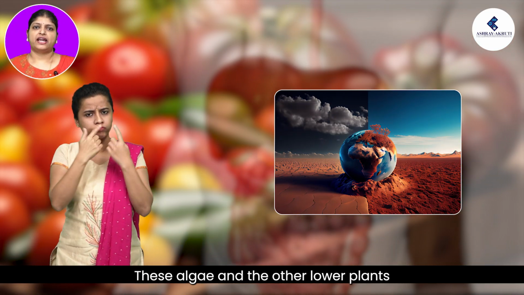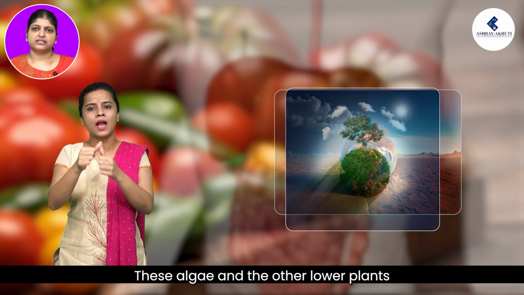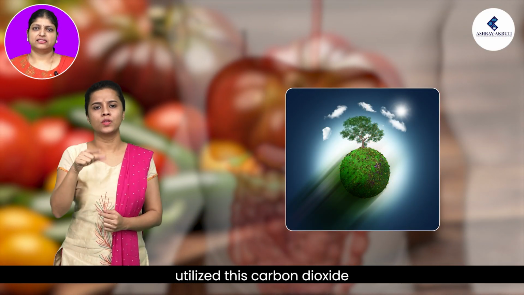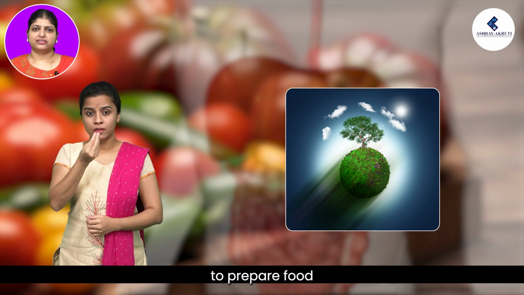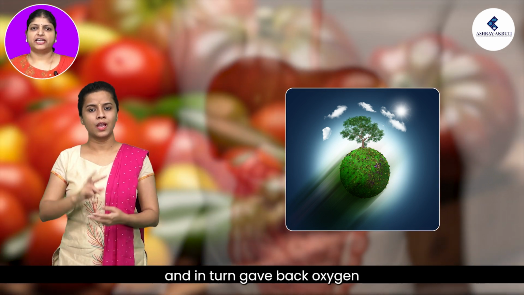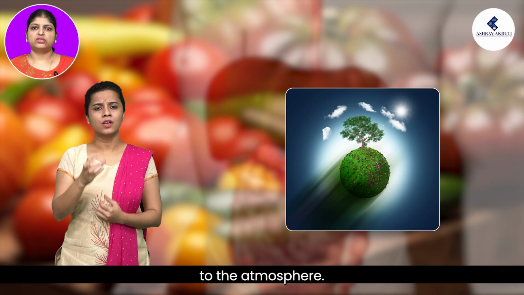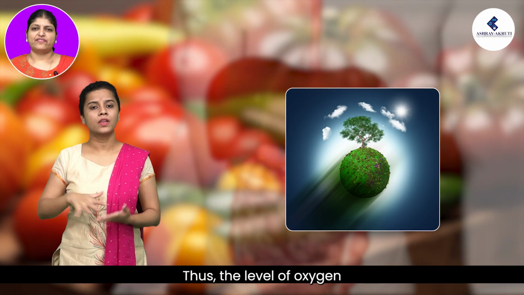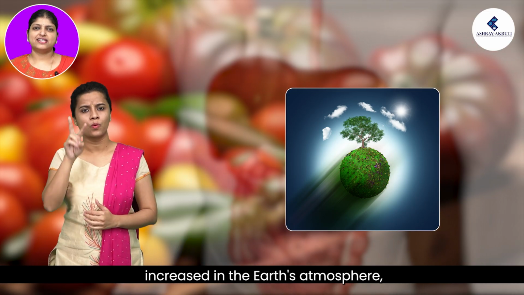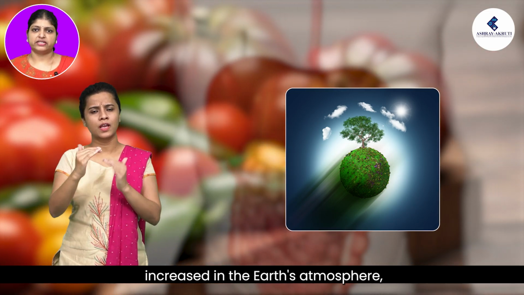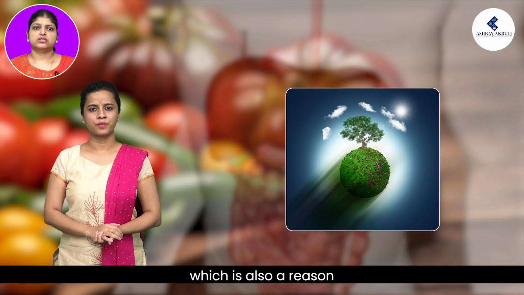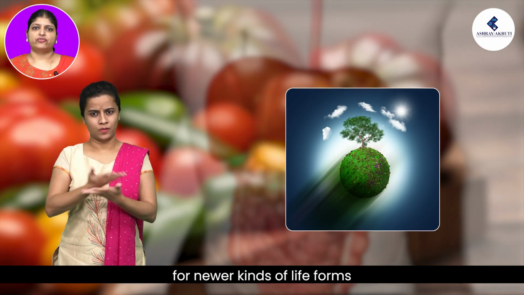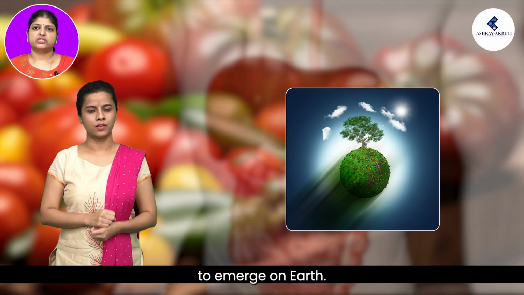These algae and the other lower plants utilized this carbon dioxide to prepare food and in turn gave back oxygen to the atmosphere. Thus, the level of oxygen increased in the Earth's atmosphere, which is also a reason for newer kinds of life forms to emerge on Earth.